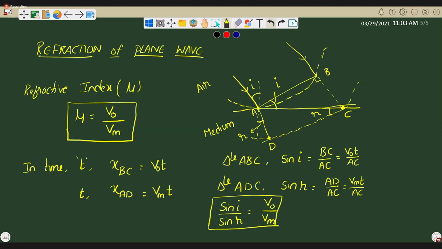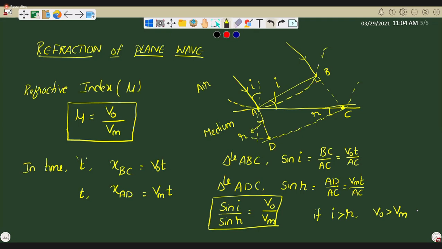So case 1: if I is greater than R, what happens to my V naught and Vm, which is greater? V naught is greater than Vm.